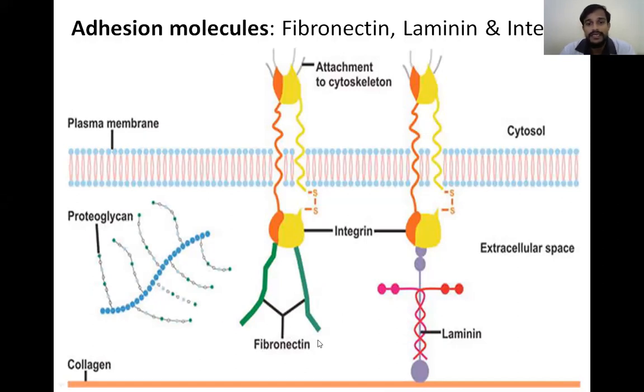So in this picture here, you can see this is the fibronectin and this is the laminin, which are attached to the integrin. So integrin is the adhesive molecule which is partly embedded in the plasma membrane. So due to this attachment of integrin with the fibronectin and laminin, these can connect the membrane to the important components of the ECM.